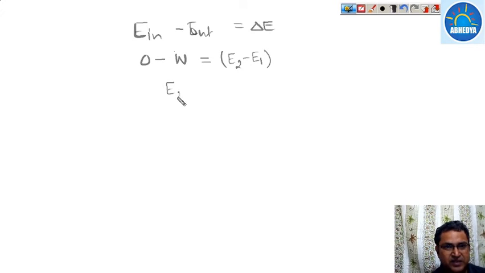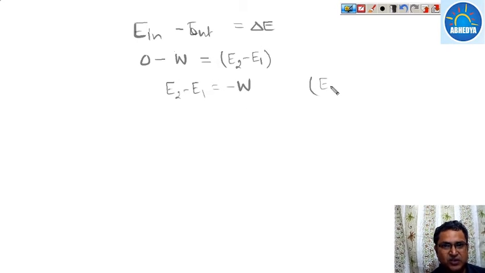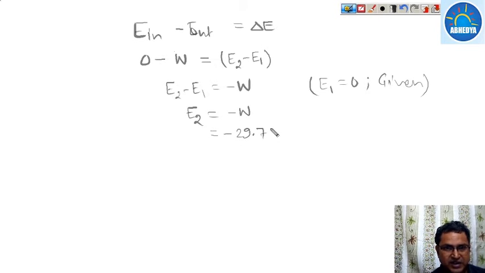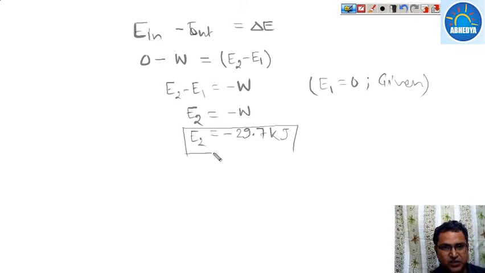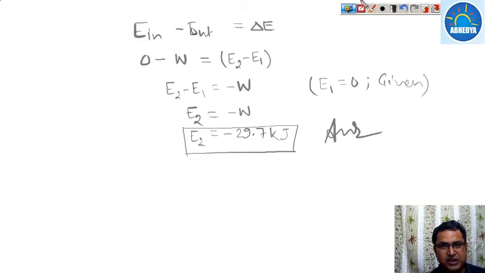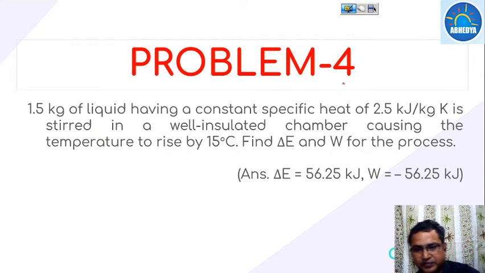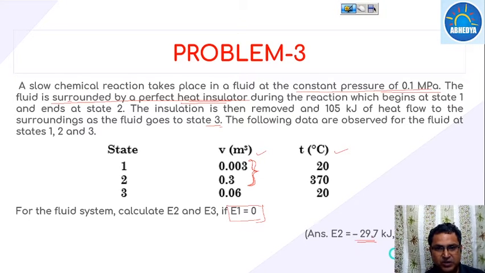So E2 minus E1 is equal to minus W, and it has been given that E1 is equal to 0, at state 1 the total internal energy of the system is 0. So E2 is nothing but minus W, that is minus 29.7 kilojoule. So the amount of energy at state 2 is minus 29.7 kilojoule.